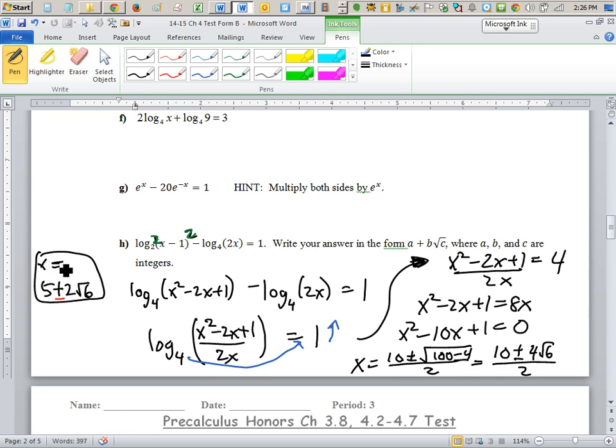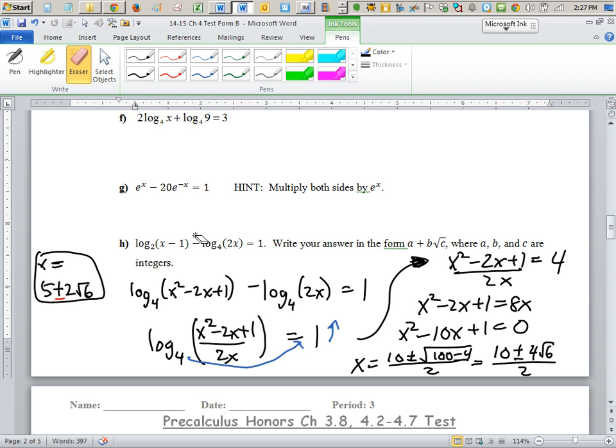So do I want to go with the black plus sign, which gives me a positive input, or do I want to go with the red minus sign, which gives me a negative input? 5 minus 2 root 6 is slightly, actually, hold on. Is 5 minus 2 root 6 negative? I'm grabbing my calculator. I should be able to do that in my head. 5 minus 2 root 6 is technically positive, but the problem is when you plug it in, we have issues.